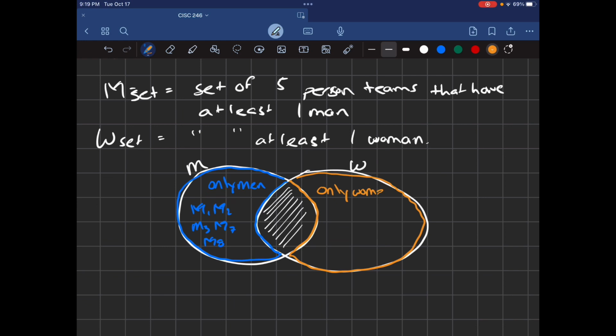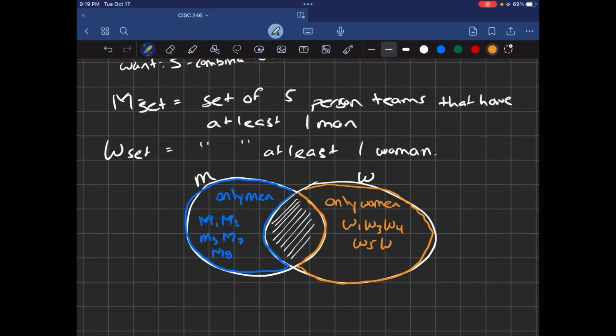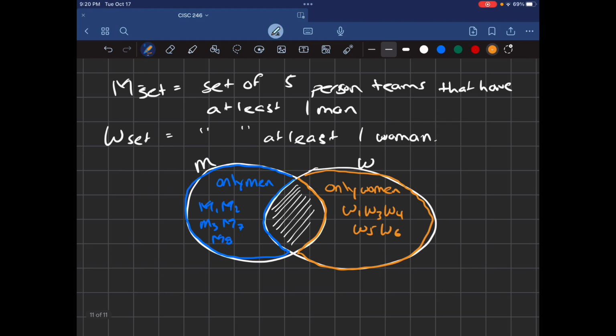So for example, one such element could be W1, W3, W4, W5, and we need one more, maybe W6. Okay, so that's a team that could be in there. We don't want the blue teams, we don't want the orange teams. We want the teams where there's an intersection between them, meaning they have at least one of each.